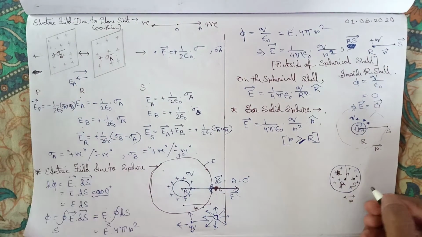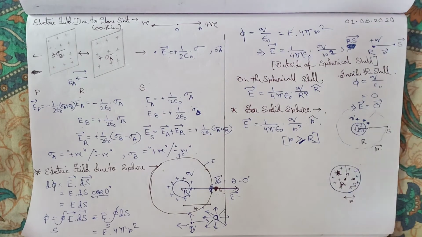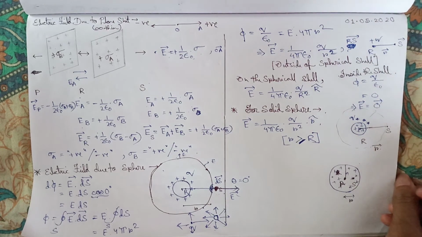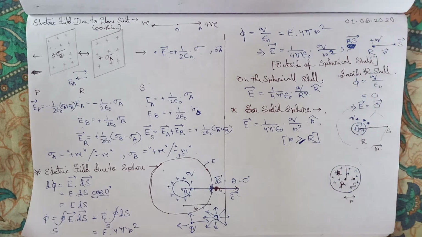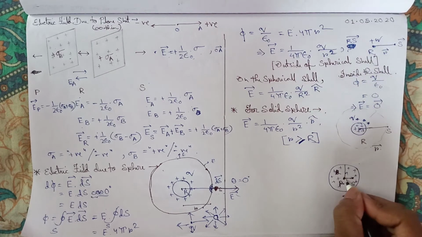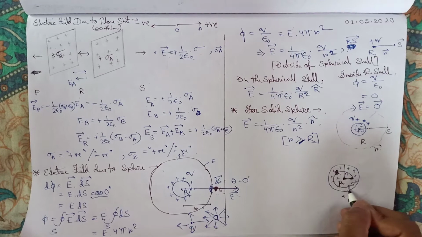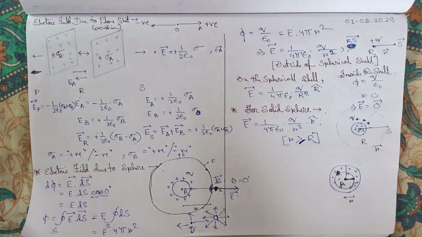To find the electric field, we will apply a Gaussian surface. Now this Gaussian surface cannot enclose the charge which is outside this point S. So we have to enclose only the amount of charge contained in the sphere of radius r.